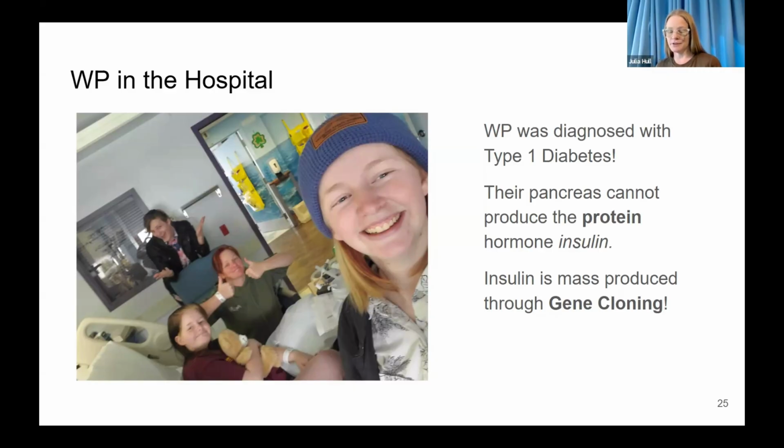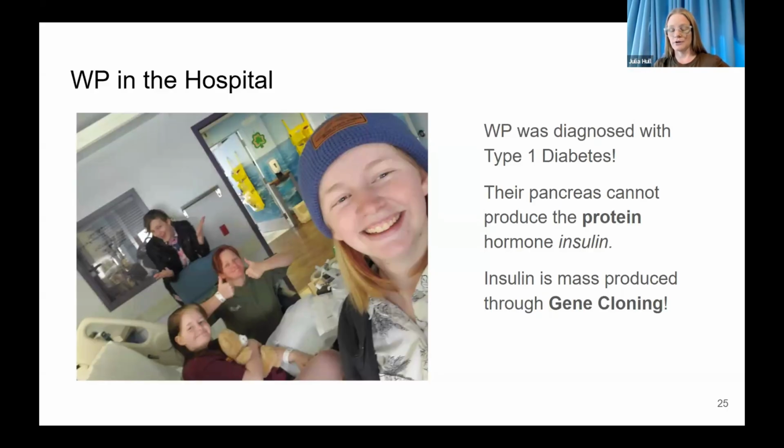So type 1 diabetes is an autoimmune disease where the T cells in the kid's immune system are attacking the cells that produce the protein insulin that attaches to the sugar and allows the glucose to enter the cells. For those of us that don't have type 1 diabetes, our bodies naturally do this.